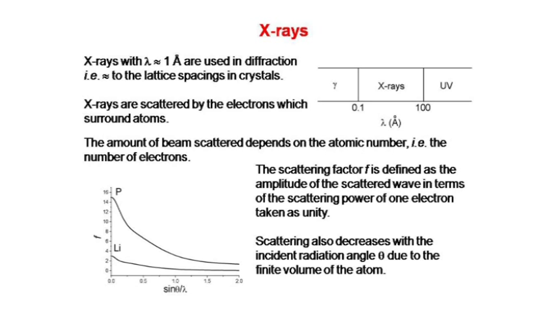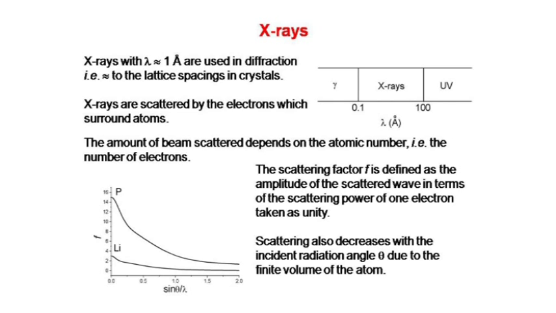So what are X-rays? X-rays are part of the electromagnetic spectrum. So this distinguishes it from particle radiation, like neutrons or electrons, which can have similar wavelengths. They lie in between gamma rays and ultraviolet.